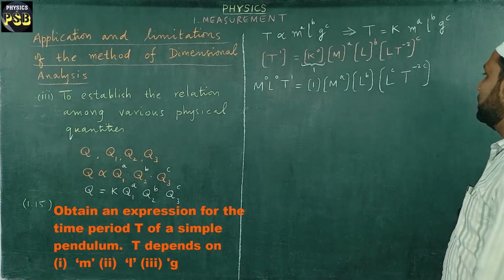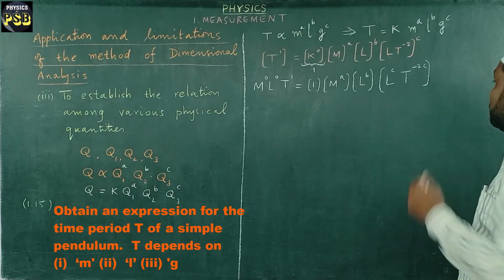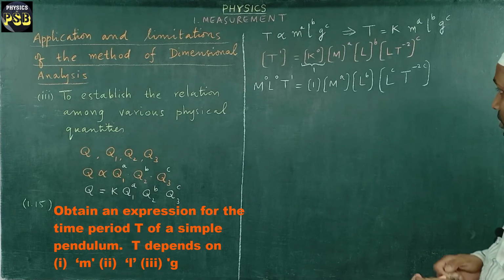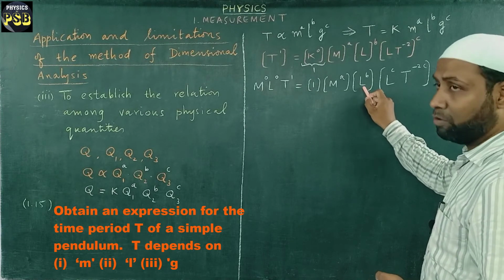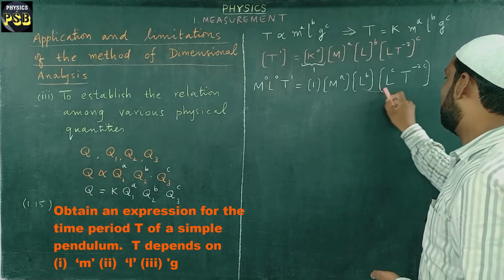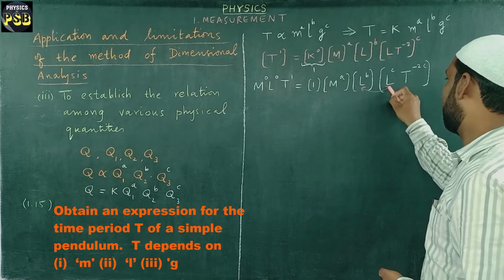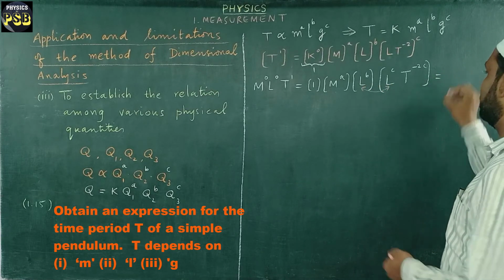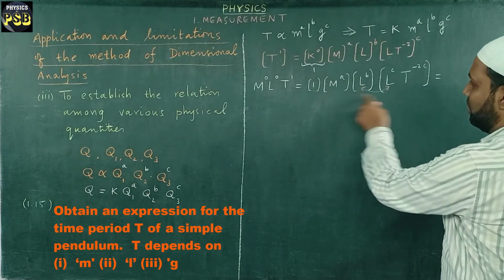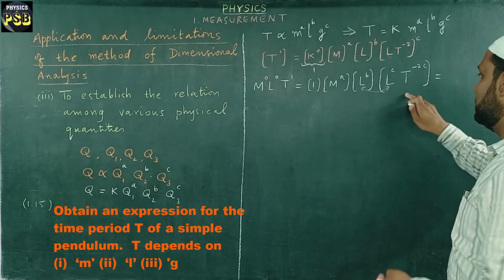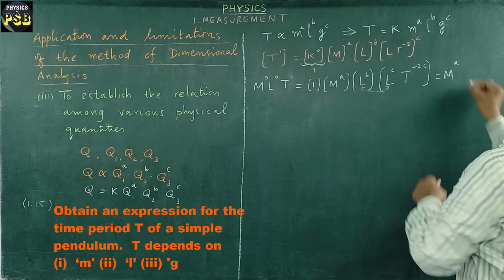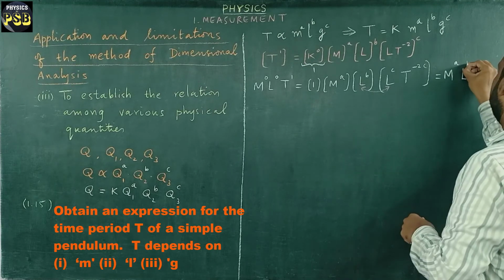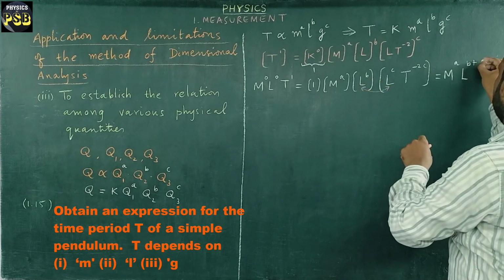This is what I get. Now the next step, what will I do? Here we have L power B and L power C. I am going to combine these two. So what will I get? When 1 is multiplied with this value we obtain M power A, then L power B plus C.